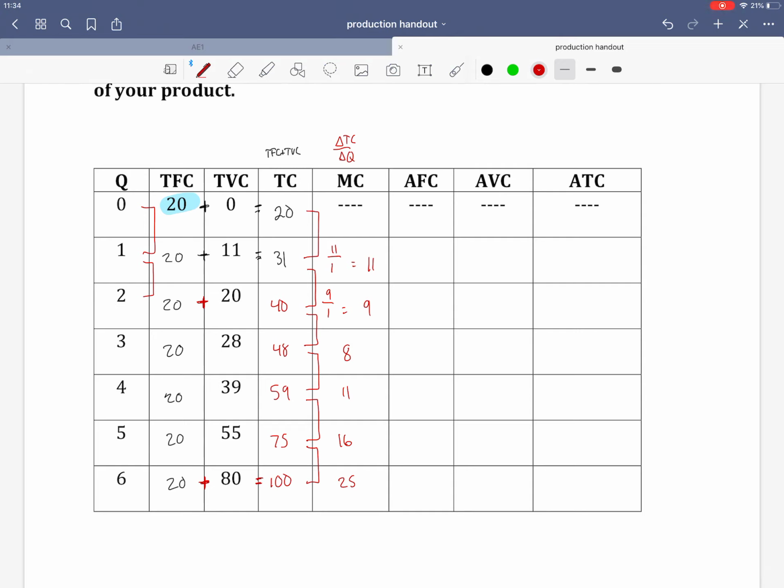So let's get our average fixed costs. Average fixed cost is just going to be our total fixed costs divided by our quantity. So we have our 20 divided by 1, which gives us 20. 20 divided by 2 is going to give us 10.